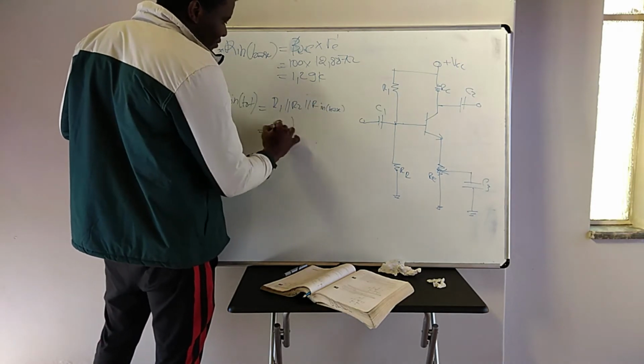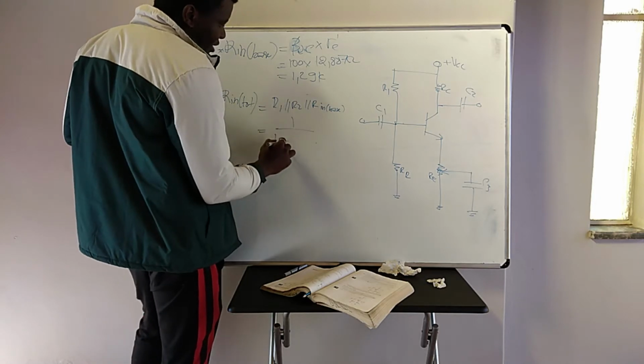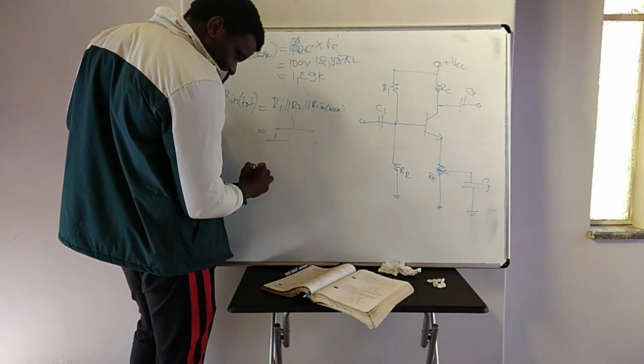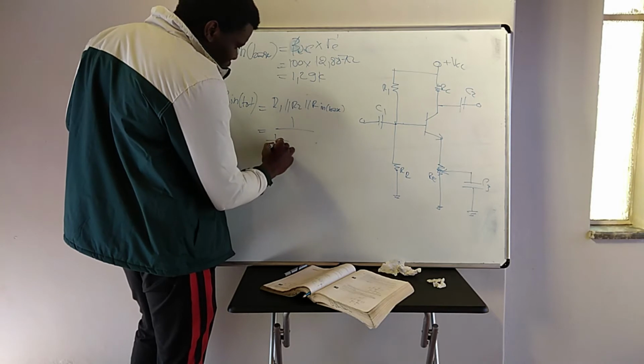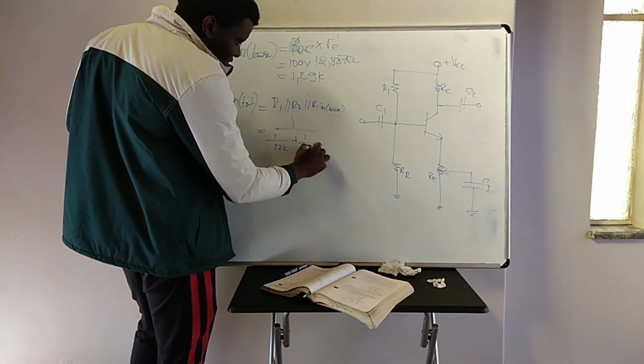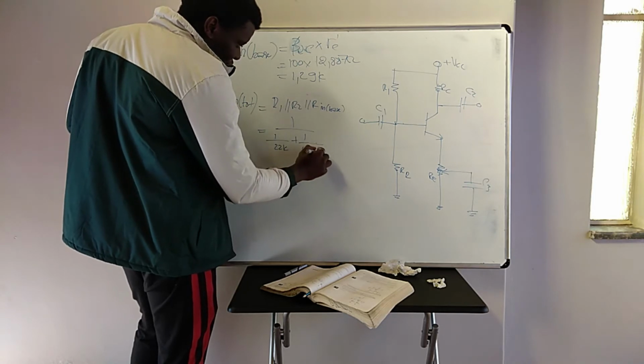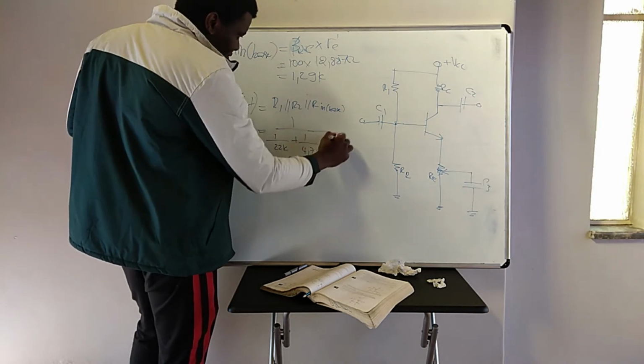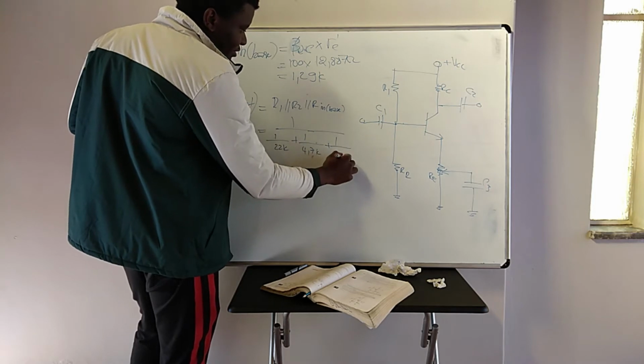So it's going to be 1 over, 1 over R1 is how much? 2K, plus R2, 4.7K, plus 1 over 129.